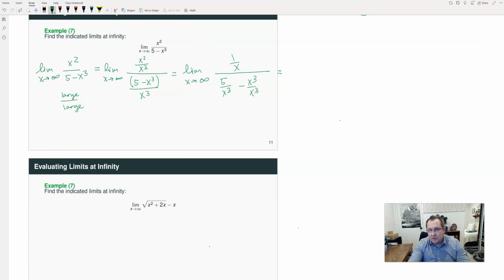Let me rewrite the expression one last time before I apply limit laws. As x goes to infinity, we have the following fraction. In the numerator, we'll have 1 over x. In the denominator, we'll have 5 over x cubed minus 1. Now we use limit laws.